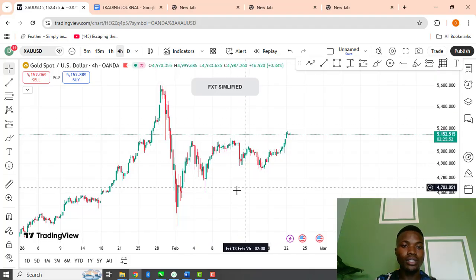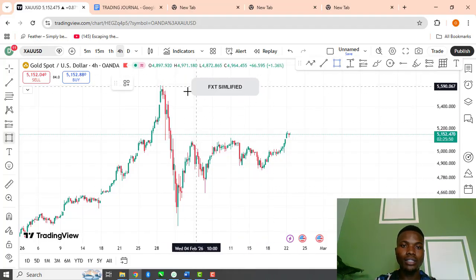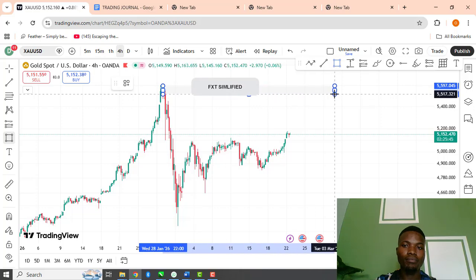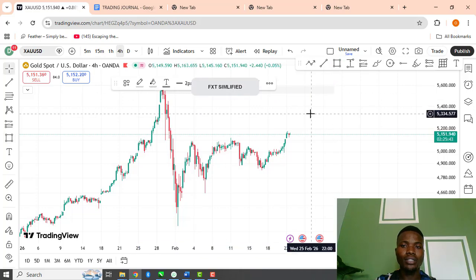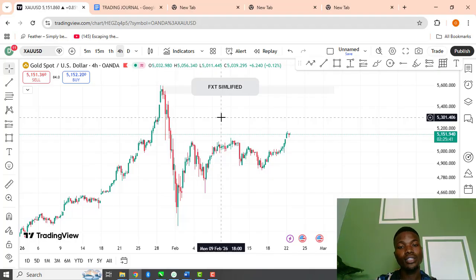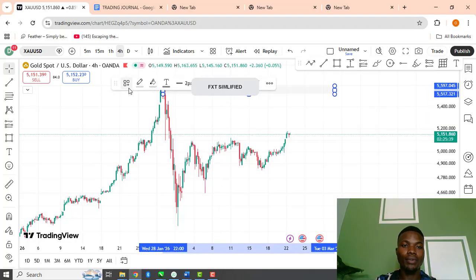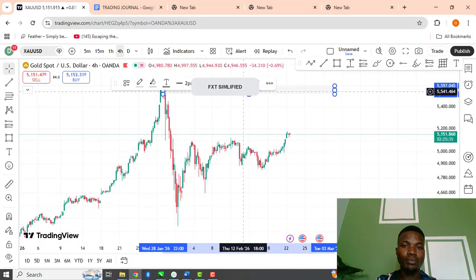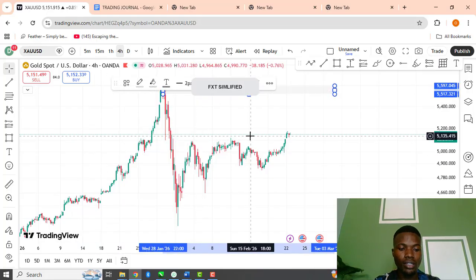Okay, so this is 4 hour, so we know that this is our, I should call it the exterior supply zone, right? Exterior supply zone. Okay, so let me just write there 4 hour supply zone.